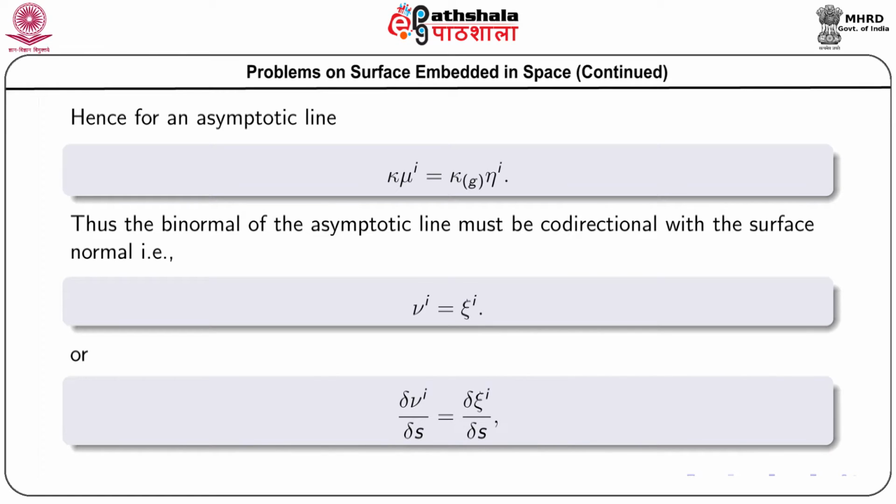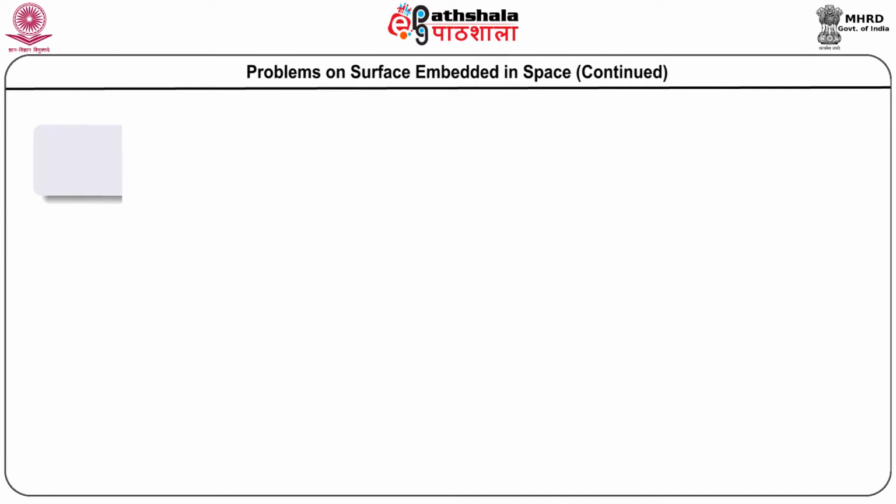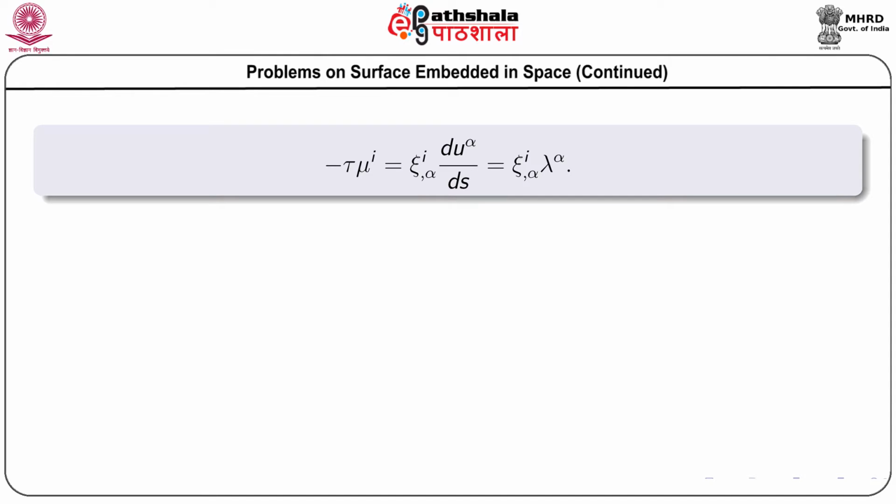Now, taking the intrinsic derivative, in both cases we get del mu I del s equals del xi I del s. Now, this gives the relation that minus tau nu I equals xi I comma alpha du alpha ds, and we know that du alpha ds is lambda alpha.